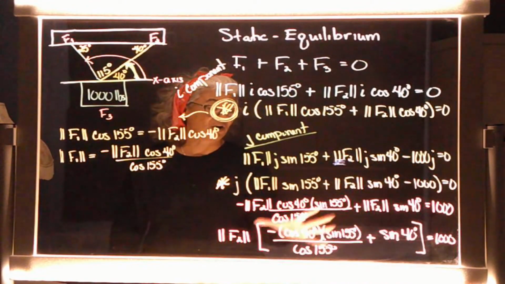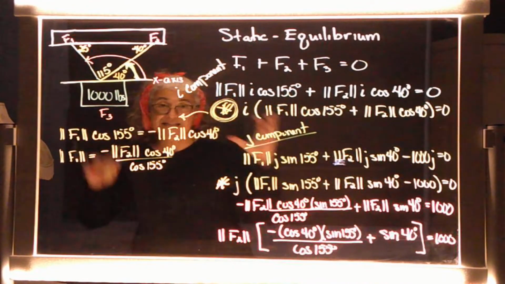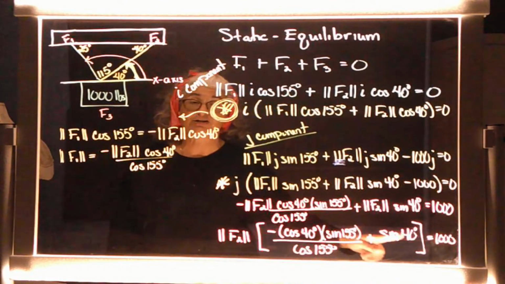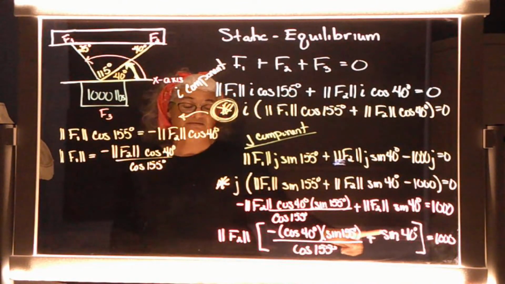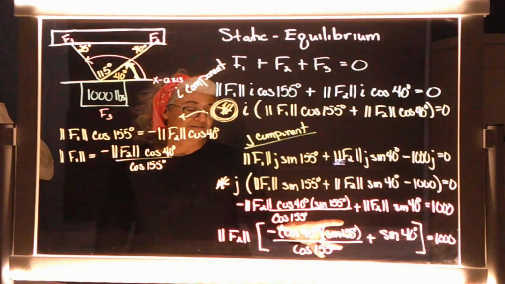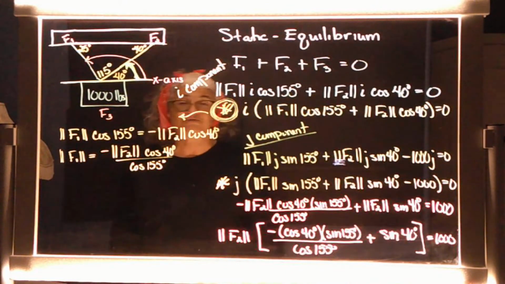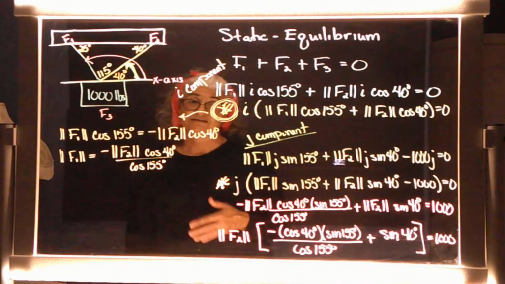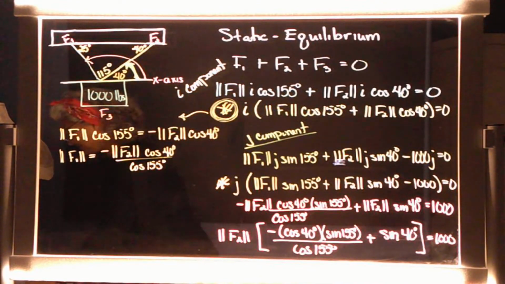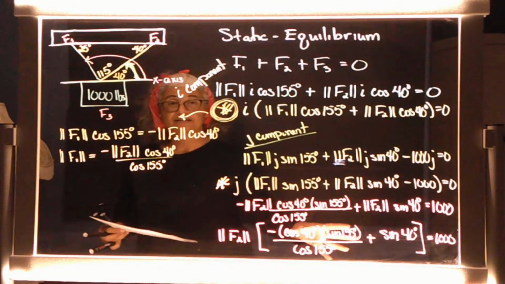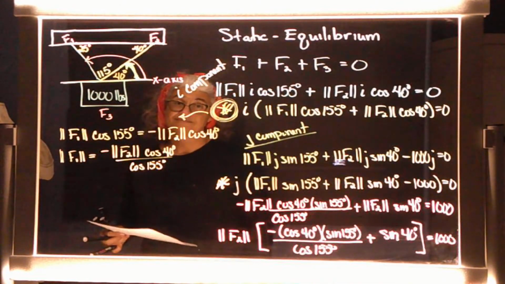Now that I have all these trigs isolated in a bracket, I punched this into the calculator to see what I would get. What am I going to get if I figure out this fraction, multiply it by the negative, and add it to the sine of 40 degrees? I know what I got. I got that this bracket equaled 1.